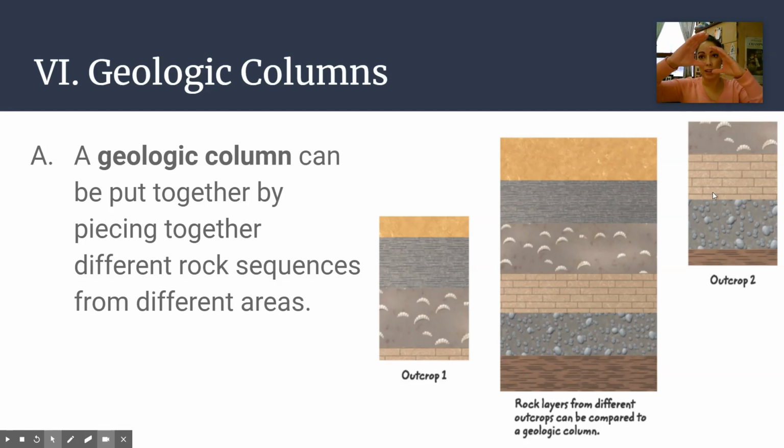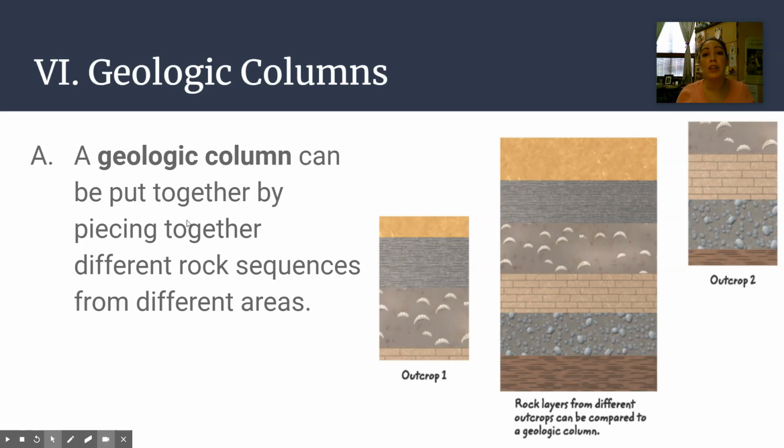Okay, so yeah, they came in this order. I have this wood grain layer, this layer that's got pebbles, then my brick layer, my layer with the shells, this gray one, and then the yellow one on top, or tan. So again, a geologic column is like you're in a perfect world, in your perfect sequence. What's the order of the rock layers?